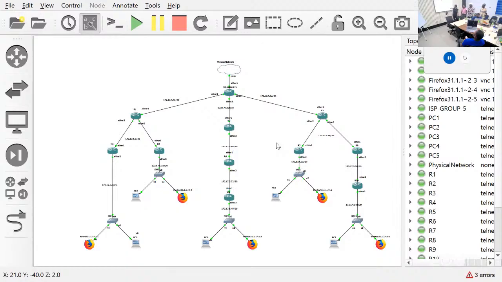In setting up this topology, we have to assign IP addresses to the different routers and the PCs. What we did, we were given a CIDR notation of a /24 network of 172.17.5.0/24.